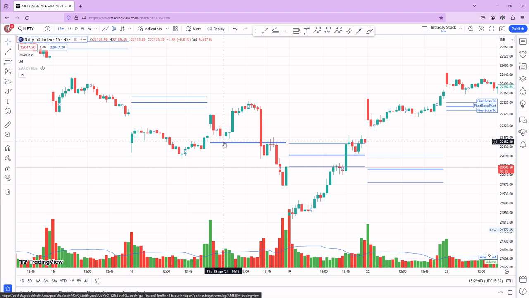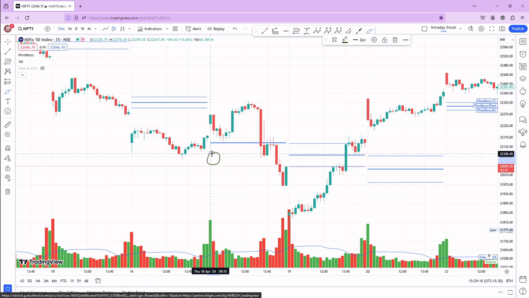For the momentum to stay in bearish mode, the price should open below the CPR and close below the CPR. Point number one: assume the price is opening above the CPR and closing above the CPR. In this case, the bearish bias is rejected.